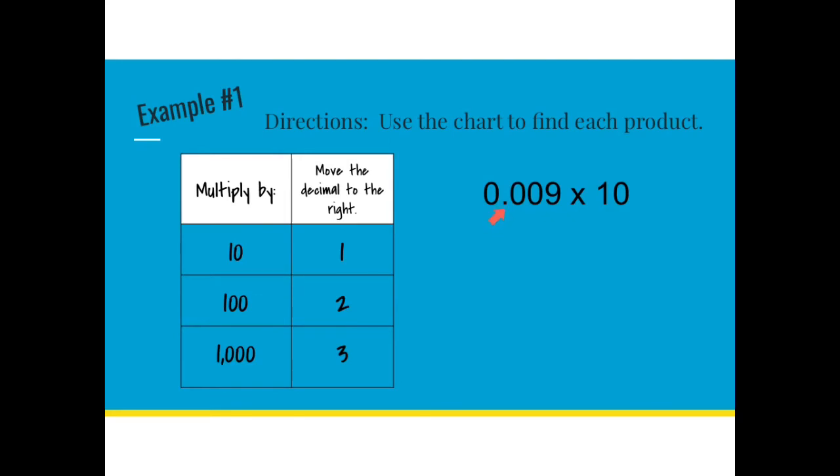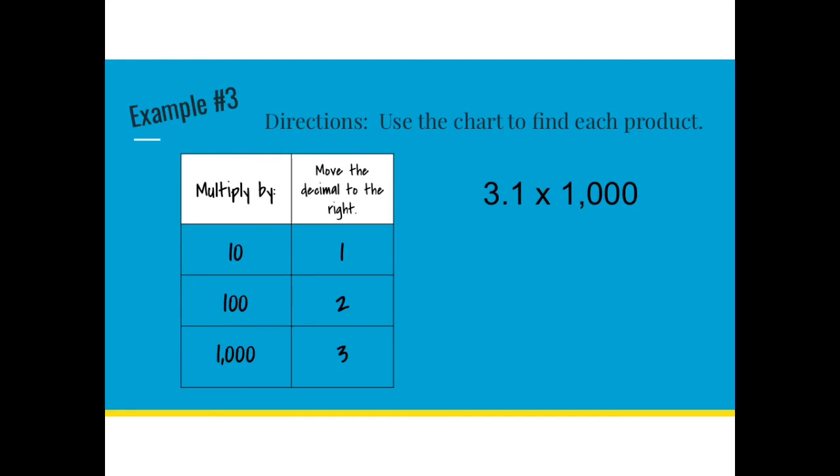Since our decimal point starts here, we'll just move it 1 spot to the right, giving us our answer of 0.09. In our next example, we're taking 0.45 times 100 again, and I'm going to move my decimal point 2 spots, giving me an answer of 45.